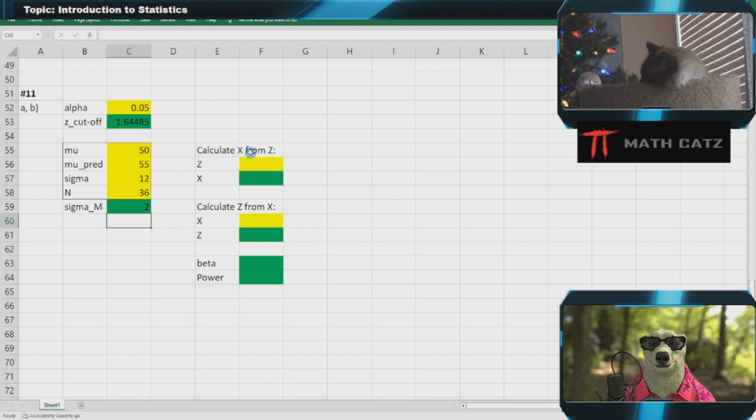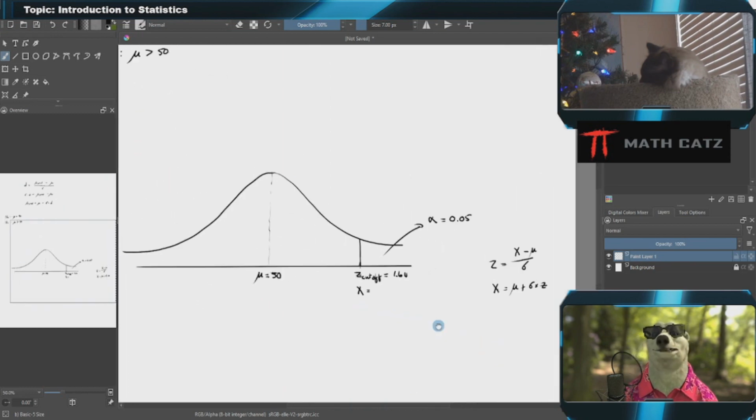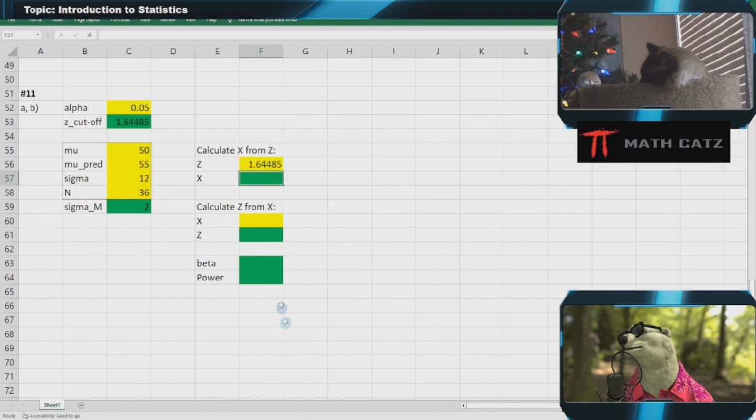So I want to calculate x from the z-score. The z-score in this case that I'm going to use is 1.64485, and using the formula that we wrote down, remember this one. Oopsie, let's move it a little bit over there. Mu plus sigma times the z-score. I'm going to calculate that.